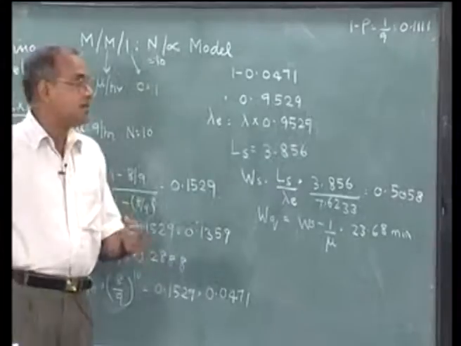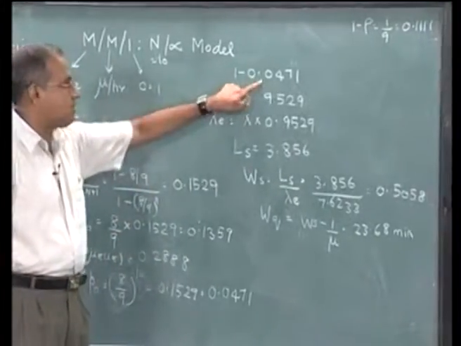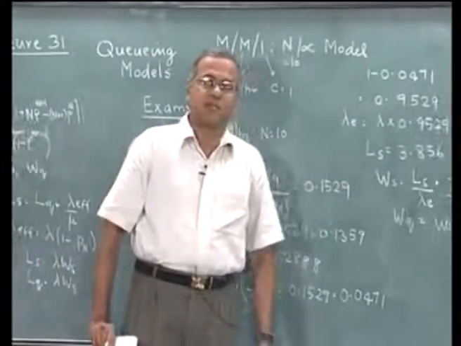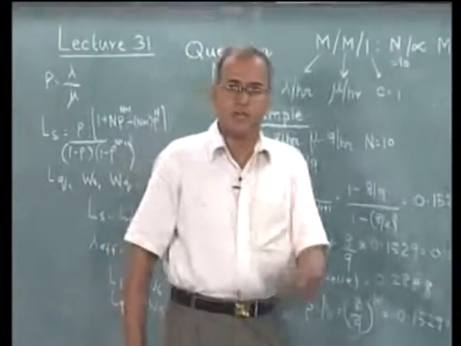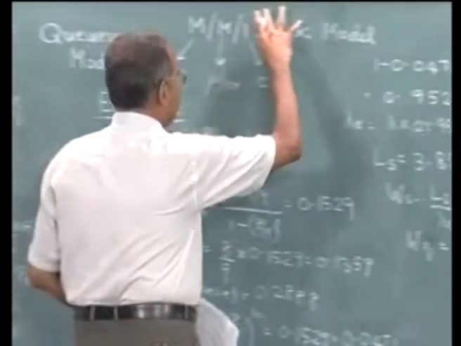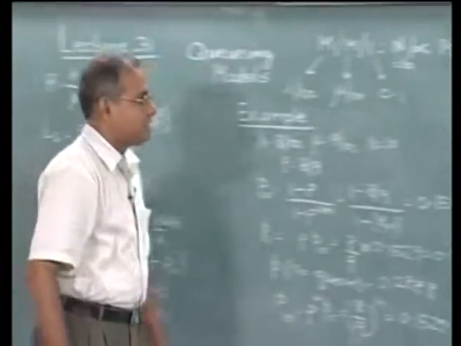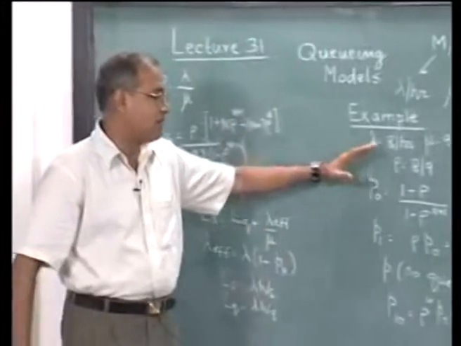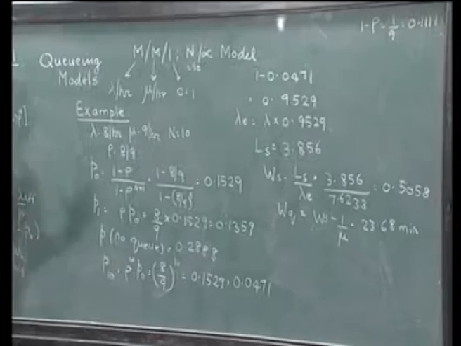Now, those who join the system are very happy, because the waiting times and the expected number have come down, but obviously we will lose about 5% of the business, because 5% of the customers do not come and join the line. So, the N equal to 10 or the finite queue length model has these characteristics. From a system point of view, the utilization is coming down, because not all the people are joining.